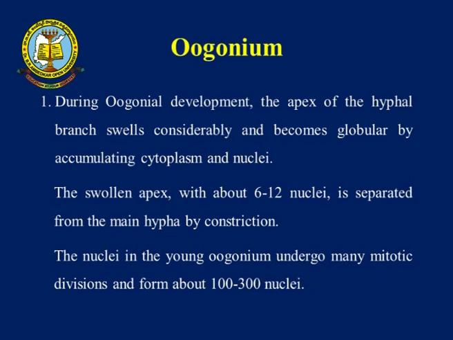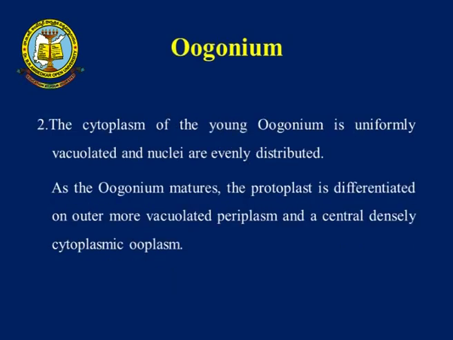Sometimes we see more than 300 as well. The cytoplasm of the young oogonium is uniformly vacuolated and the nuclei are evenly distributed. As the oogonium matures, the protoplast is differentiated into a more vacuolated periplasm and a central, densely cytoplasmic ooplasm.